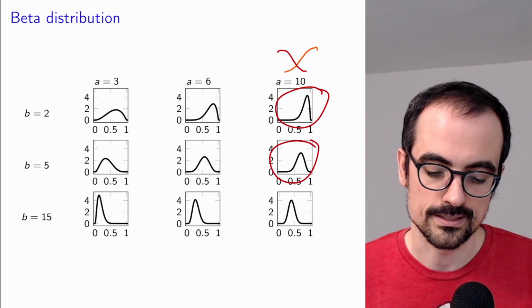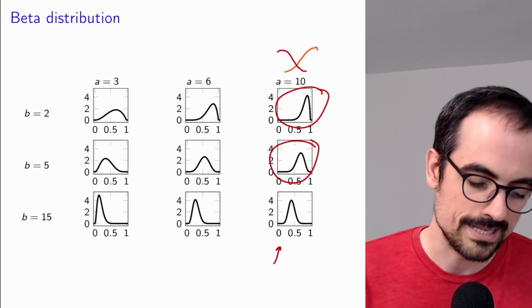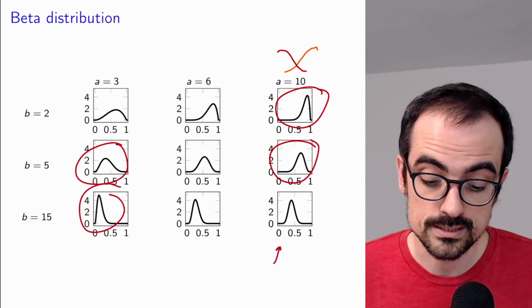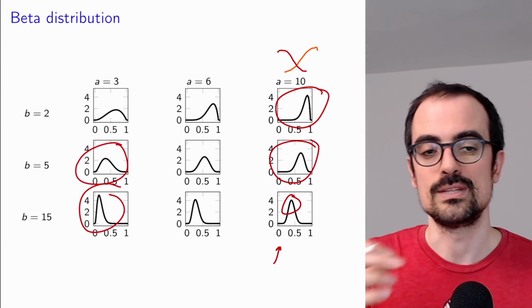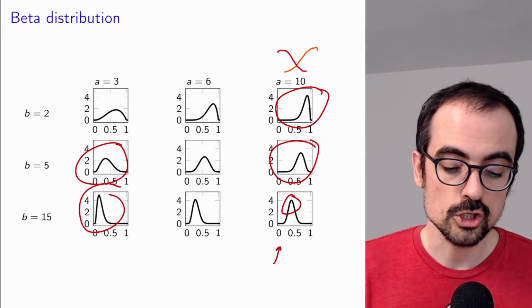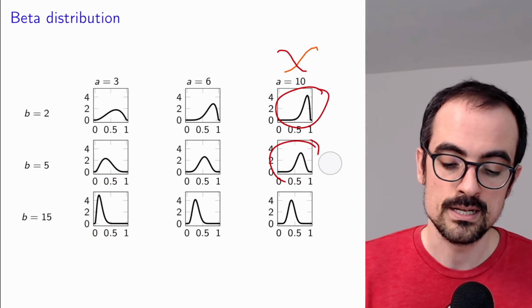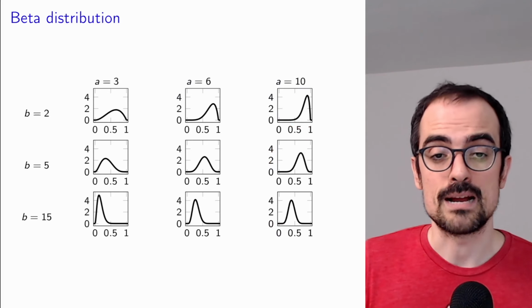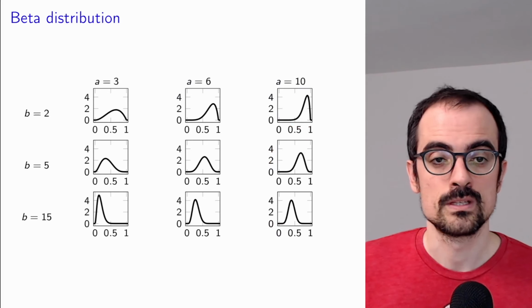Here in this last one, B is actually larger. When B is large, the distribution is tilted to the left. And when they're both large, the distribution is more peaked. So this is a family of distributions that model continuous values between 0 and 1. And in particular, they're very useful for modeling parameters that represent probabilities.